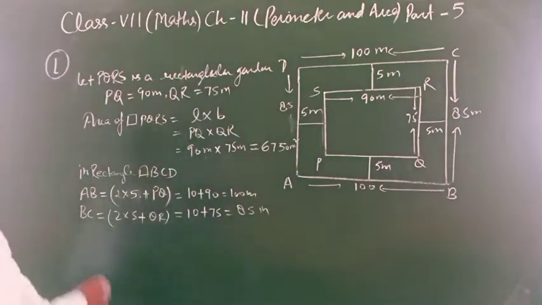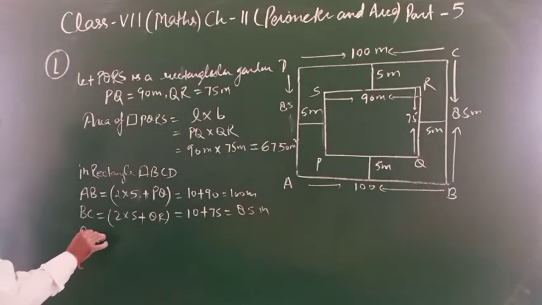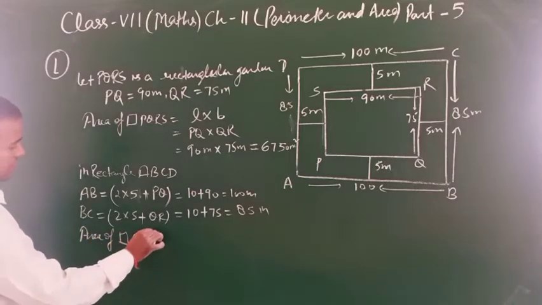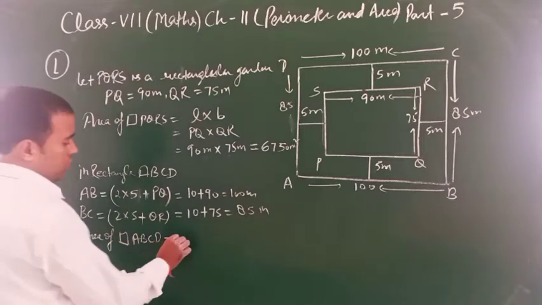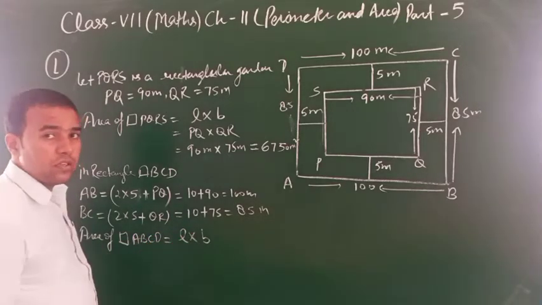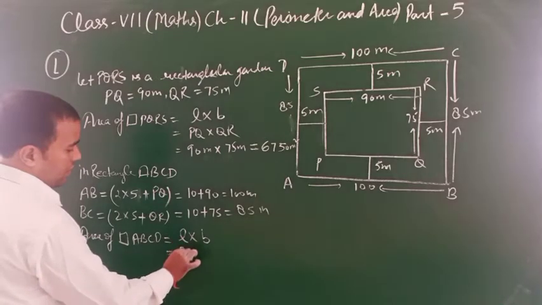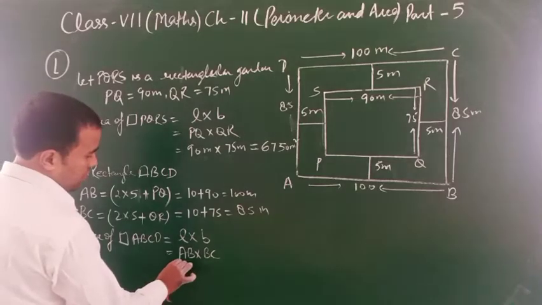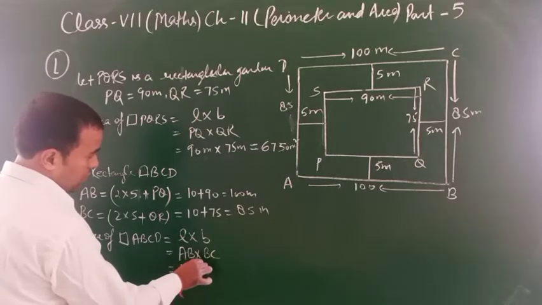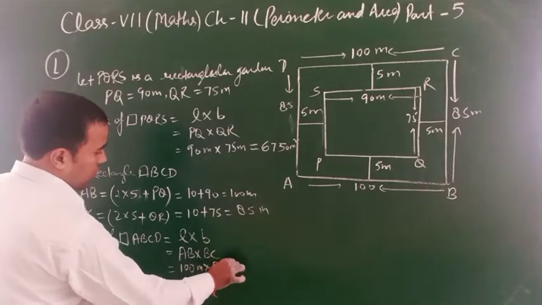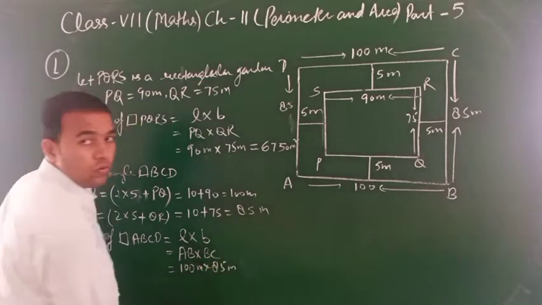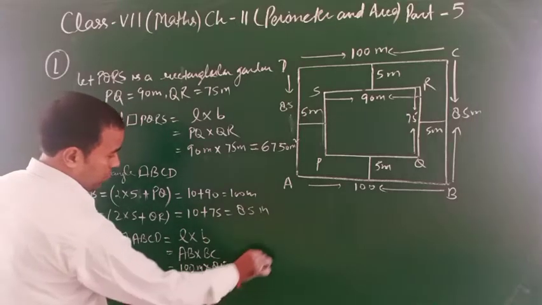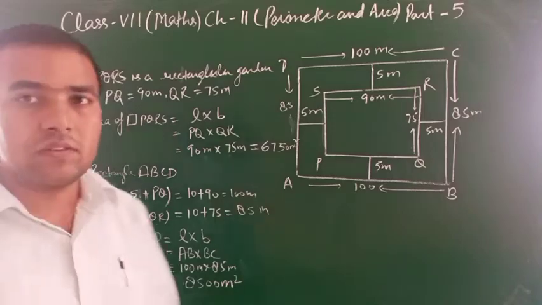Then area of rectangle ABCD equal to L into B. L into B means AB into BC. Clear? Means 100 meter into 85 meter equal to what? 8500 meter square.